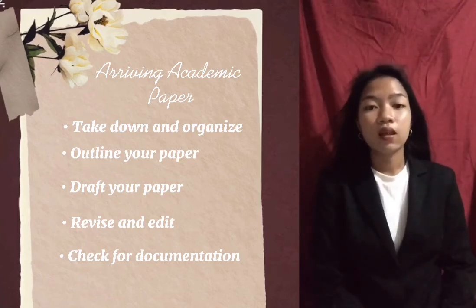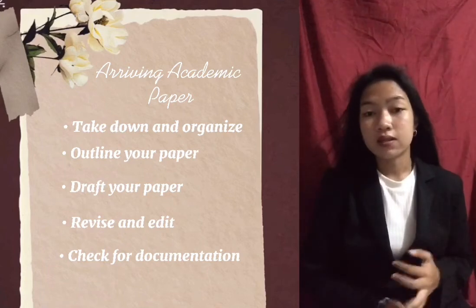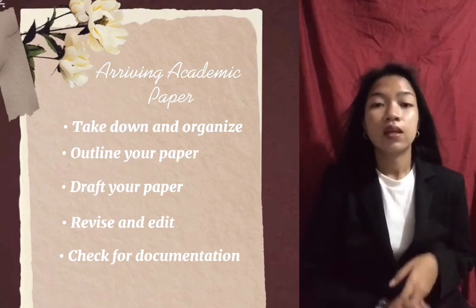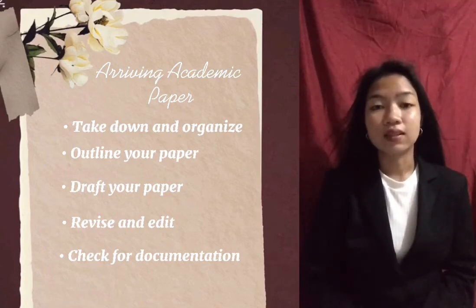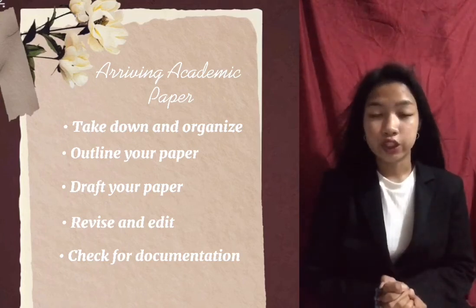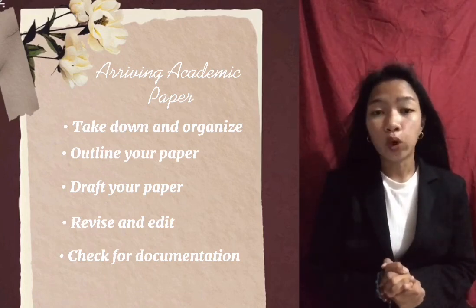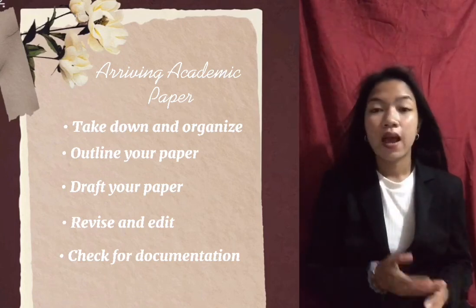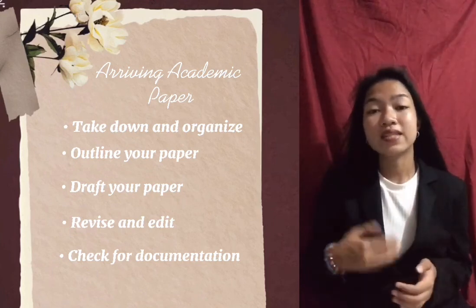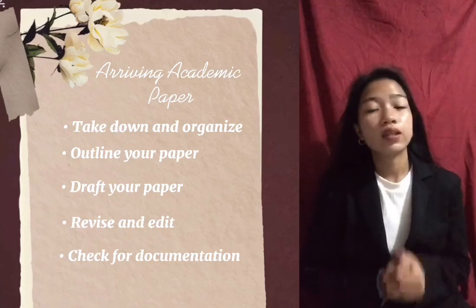Revise and edit. Always check your grammar, your spelling, and punctuation because it is very important. And lastly is check for documentation. Again, referencing is very important. Citations and giving credit to your cited sources to avoid copyright issues.